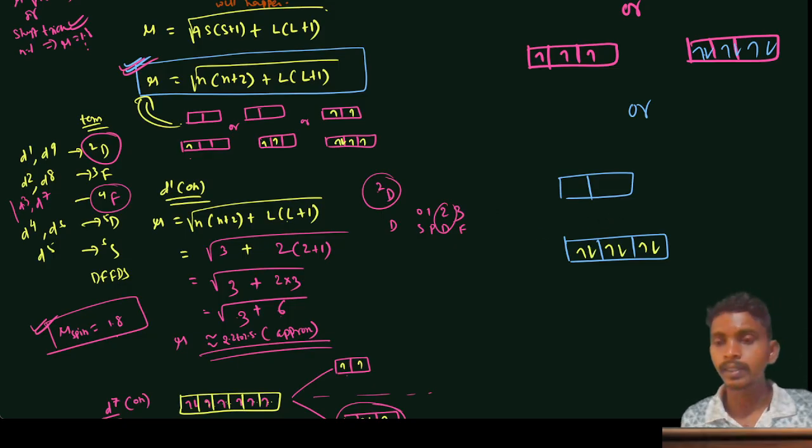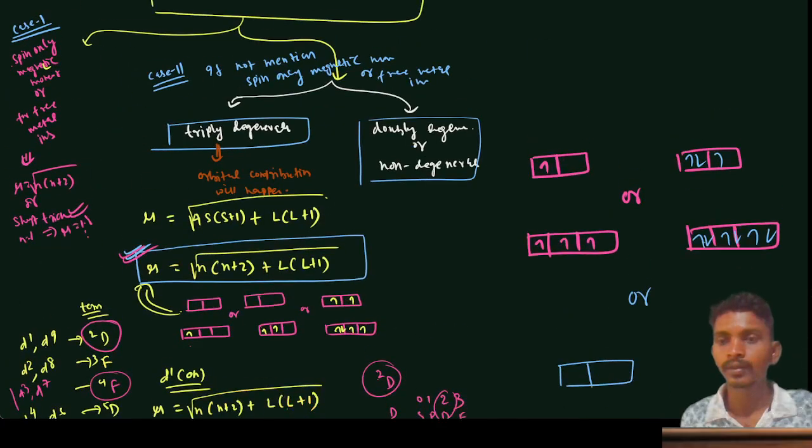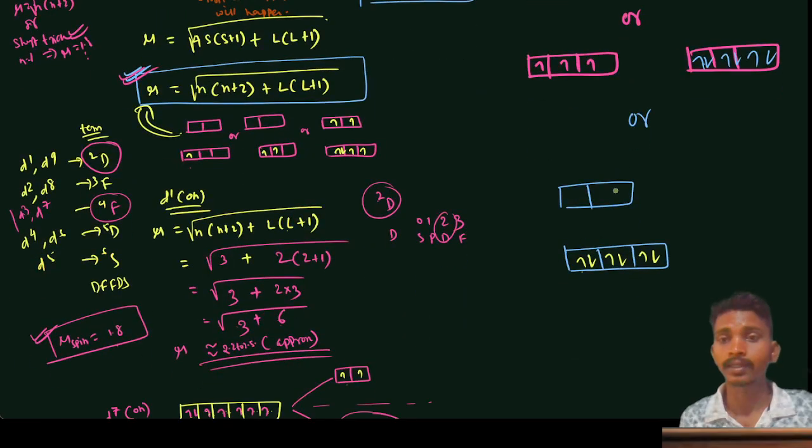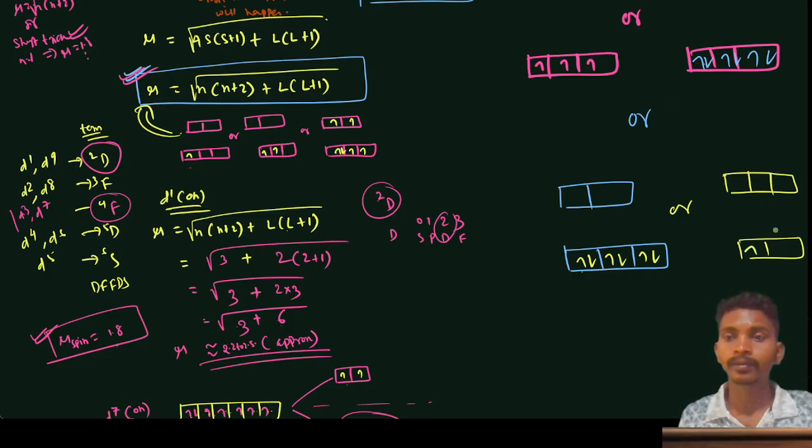Non-degenerate cases are also like this, whether doubly degenerate or non-degenerate. Or it may be the tetrahedral cases also, 1 2 3, doubly degenerate, maybe like this type of case.